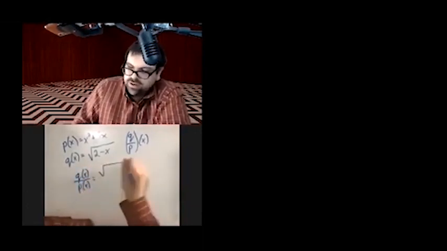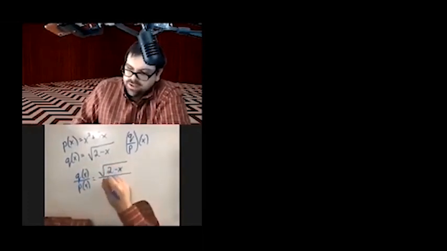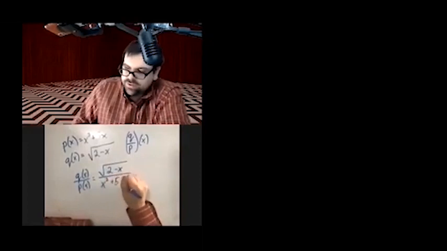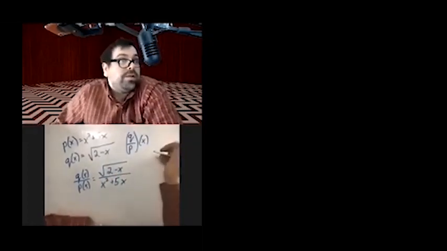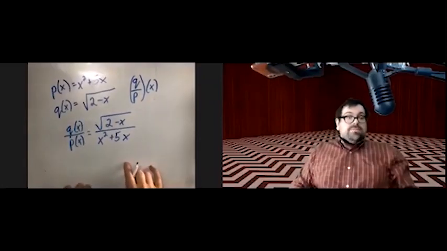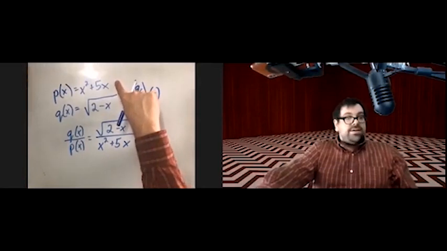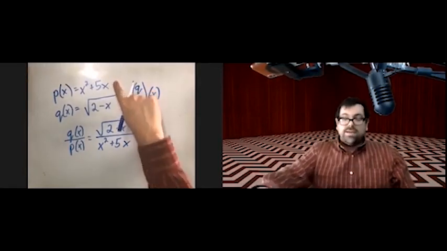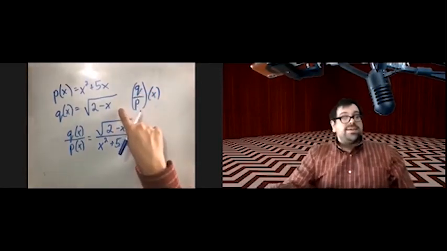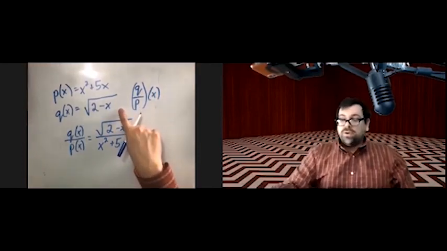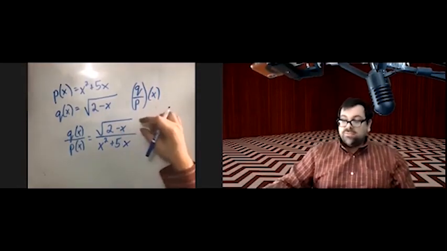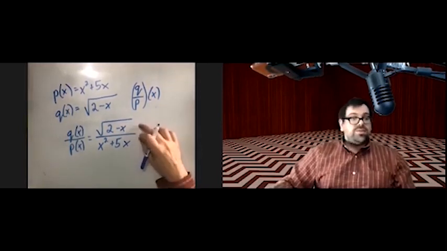So we take our Q, it goes on top. We take our P, it goes on the bottom. x squared plus 5x is P. Square root of 2 minus x is Q. Q over P is literally putting Q over P. Square root is only on the top.